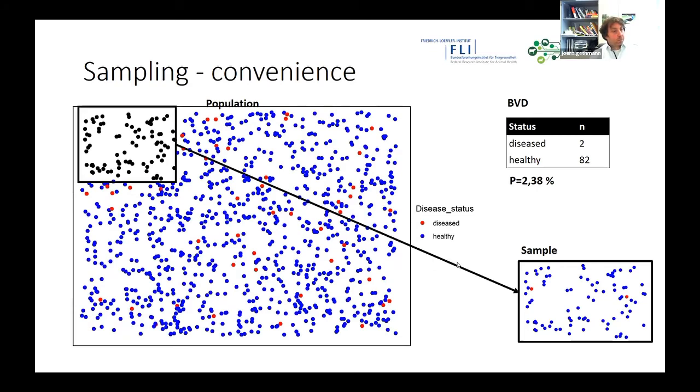So this might be a convenience sample, and again, it can be right. Even with convenience sampling, by chance you can be lucky and get the correct prevalence.